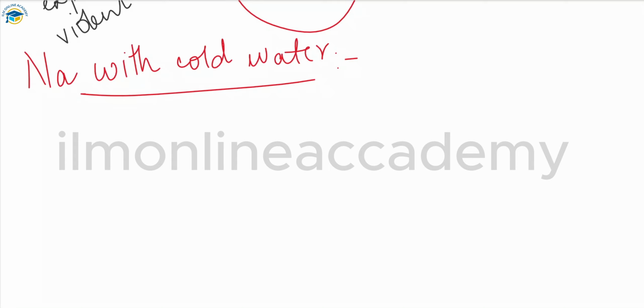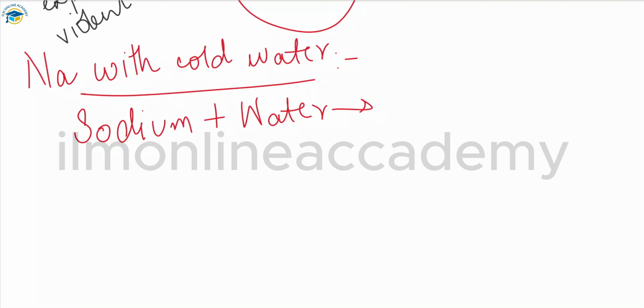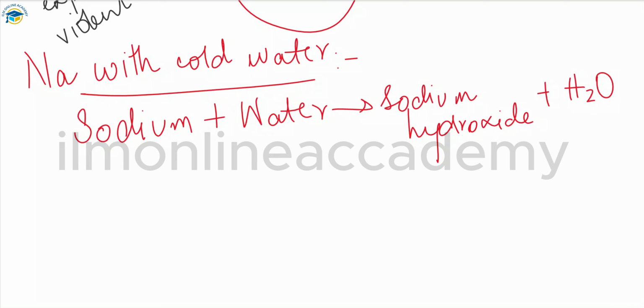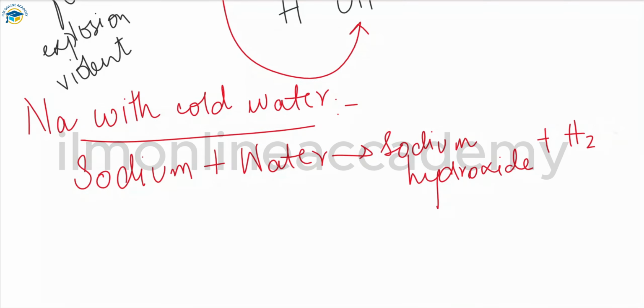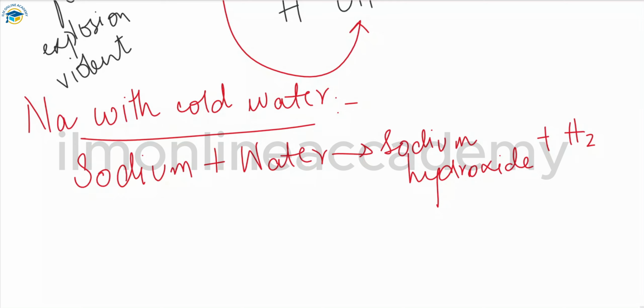So we have the equation of sodium with cold water. First the word equation: sodium reacts with water and forms sodium hydroxide, plus we have hydrogen gas that is released, H2. How can we tell that the reaction has happened?